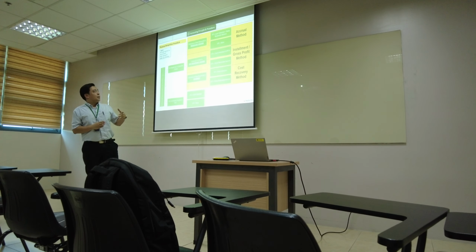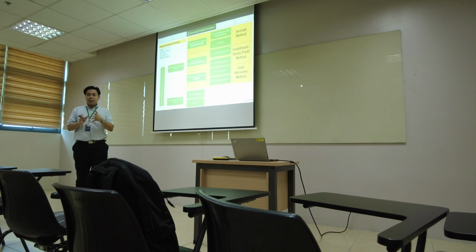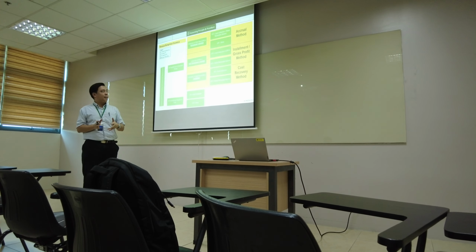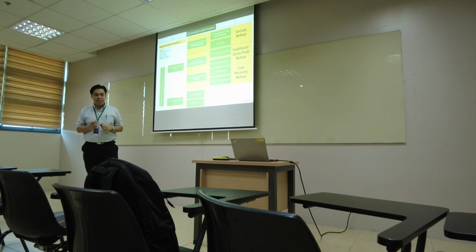So now, if the collection is not reasonably assured, then we will apply the installment or the gross profit method. So I'm not sure if you already learned about the installment sales method, but the method is similar. So then lastly is collection. If the collection of the note receivable is uncertain, we shall follow the cost recovery method.